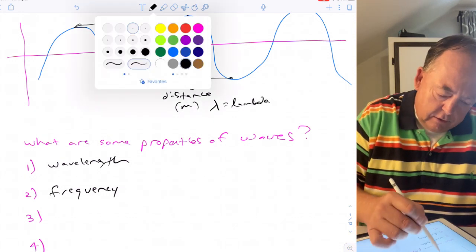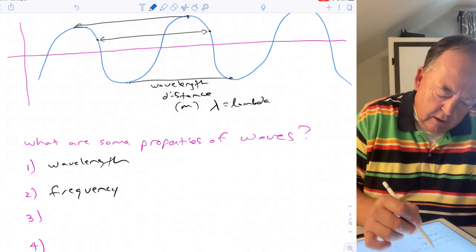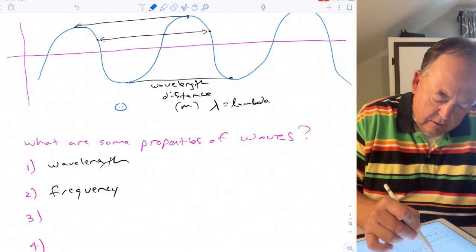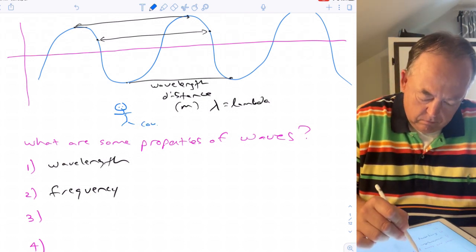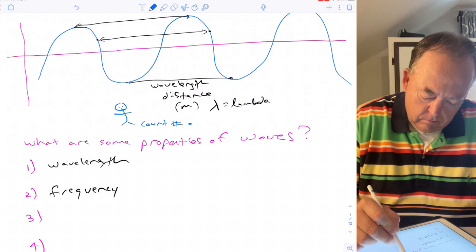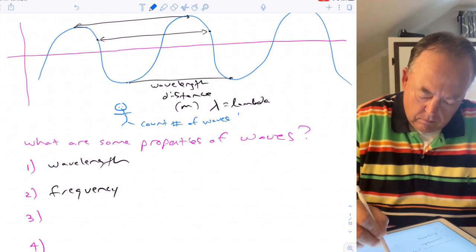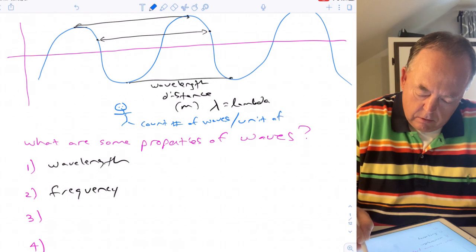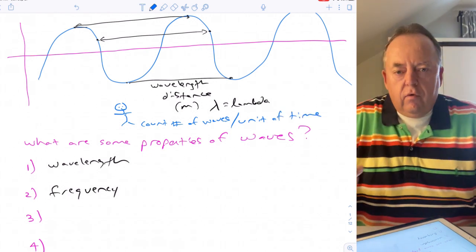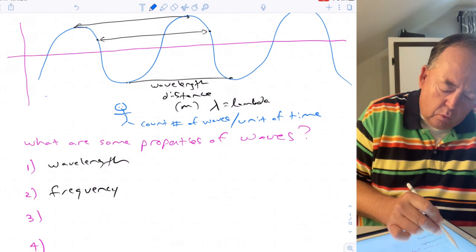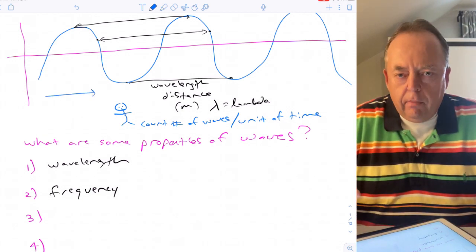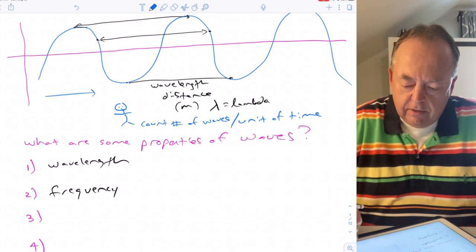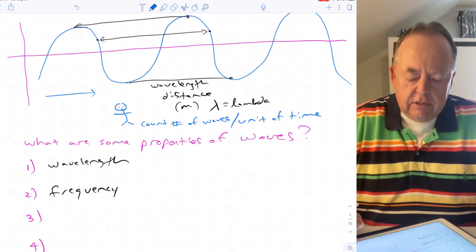If you were standing here and you count the number of waves that go by in a second, and we'll say the wave is moving in this direction, for example, from left to right. If you count the number of waves that go by per unit time, and that per unit time is typically a second, then that would be the frequency of the wave.